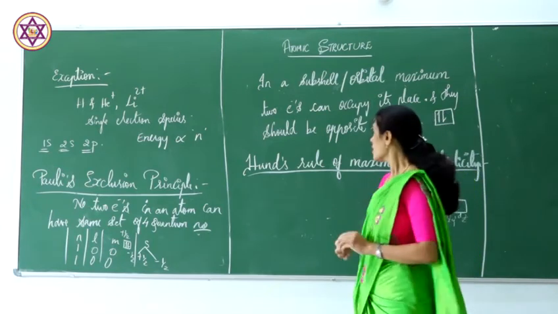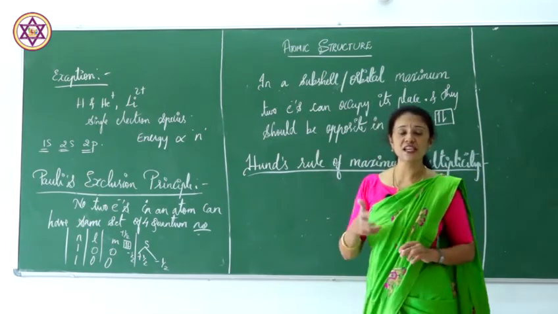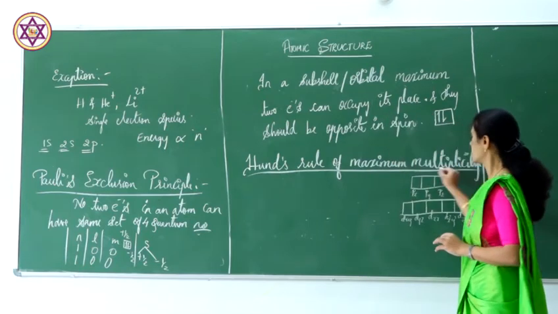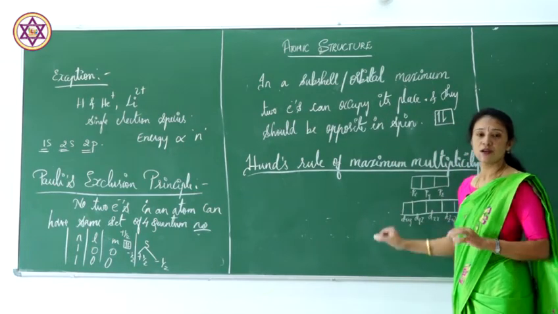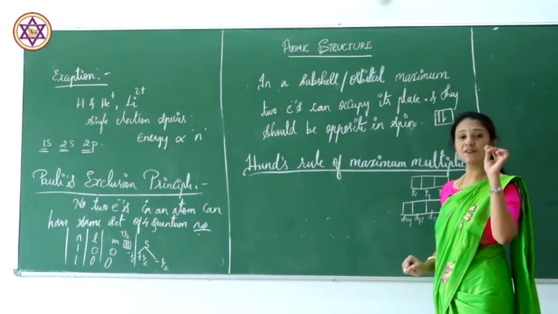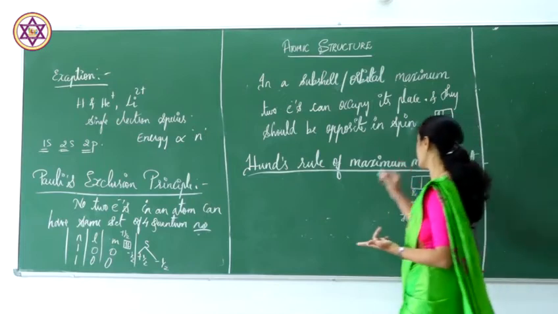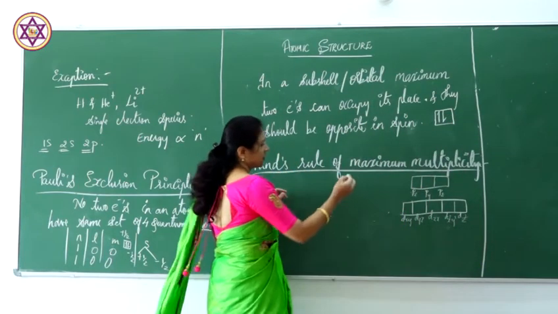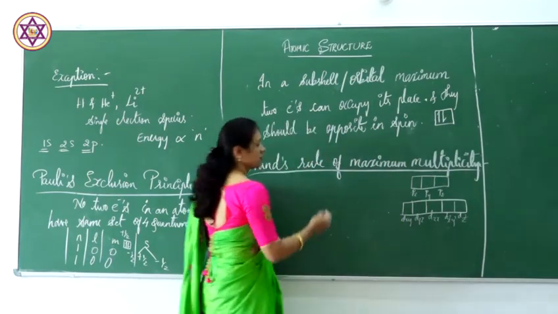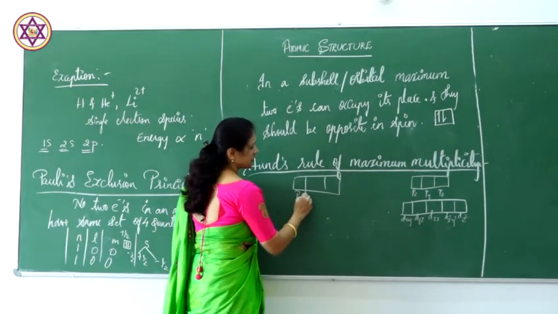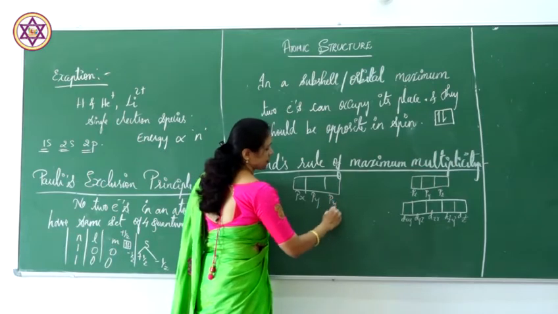According to Hund's rule, the filling of degenerate orbitals should take place singly first, then the pairing takes place. If I take 2p, the filling of electrons here is in px, py and pz.